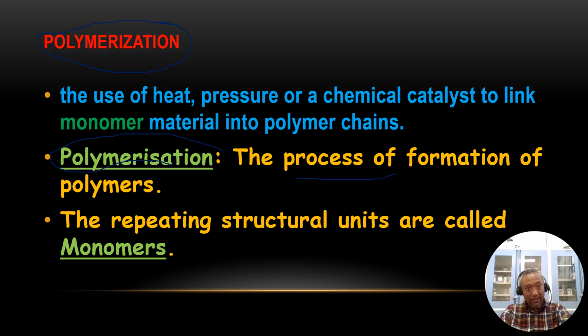In order to form these polymers, we use heat, pressure, or a chemical catalyst to link monomer materials into a polymer chain. The repeating unit or building block of a large molecule, which we call a polymer, is the monomer. Monomer is a starting unit or building block of a polymer.